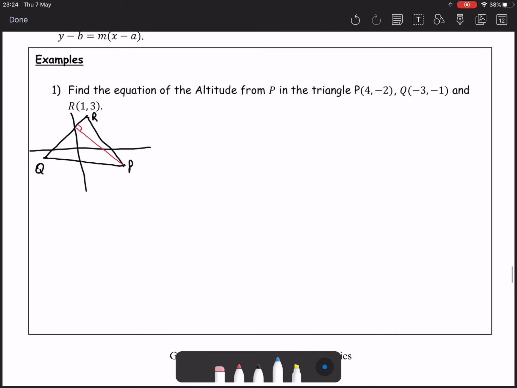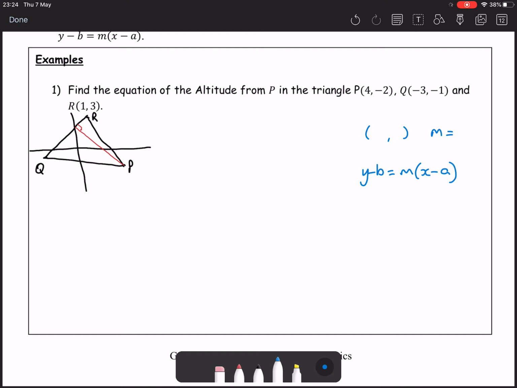As it's an equation of the line we're looking for, as always, we're looking to use y minus b equals m(x minus a). To be able to use that, we are looking for a point and we're looking for a gradient. So again, thinking point, gradient, equation.